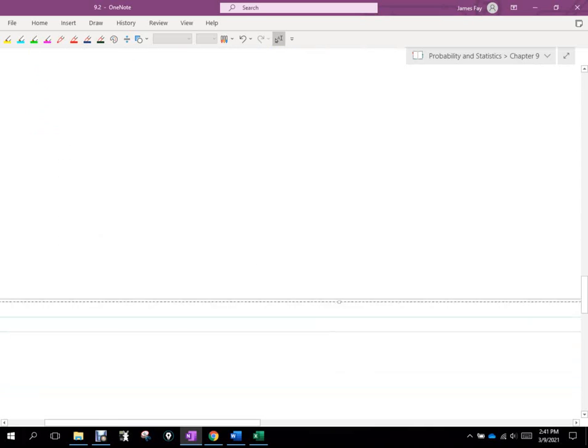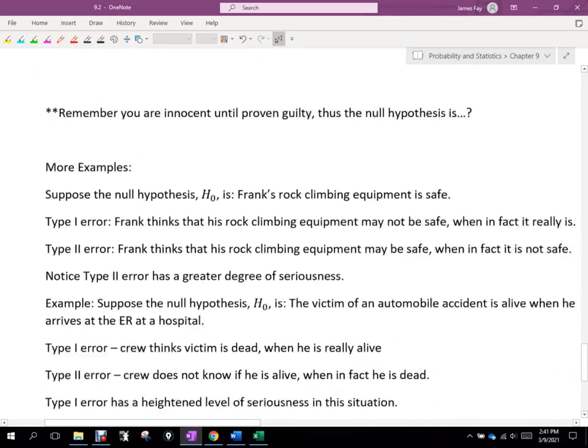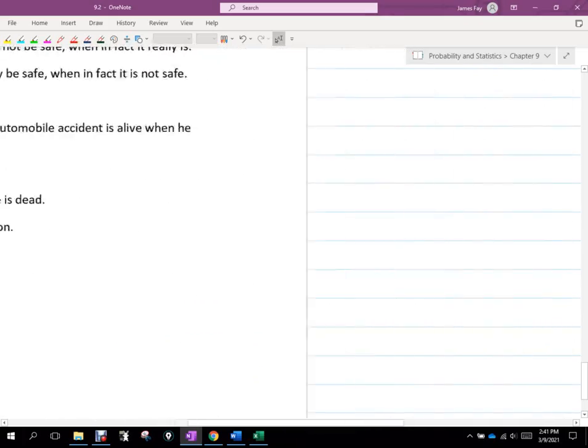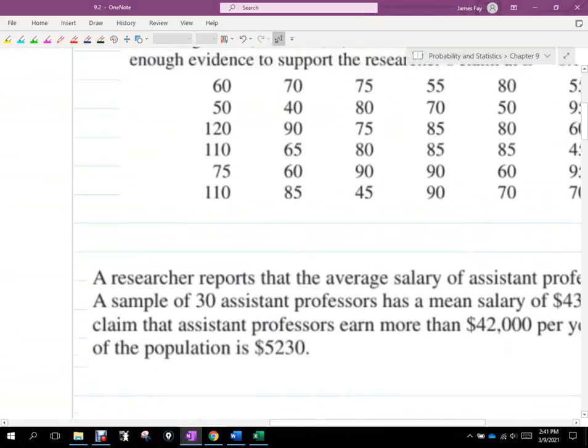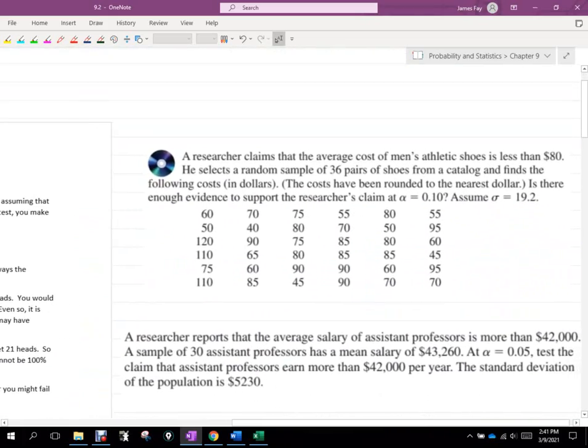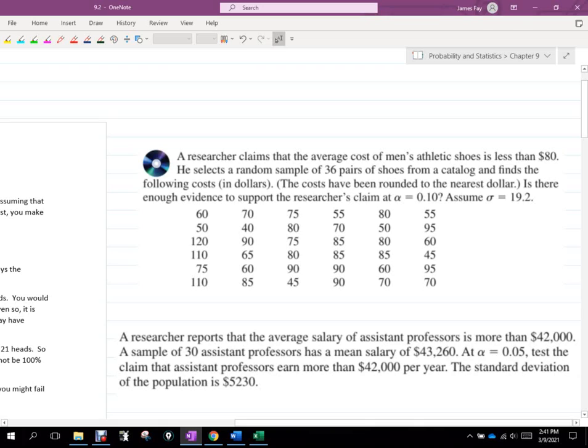We already talked about these type 2, type 1 error things. Like I said, I'm not too concerned right now when we see this problem here. You don't write any of this down; you're just going to do some practice. I'm not too concerned with you being able to say what type 1 error would look like, or how to verbalize what type 2 error is.